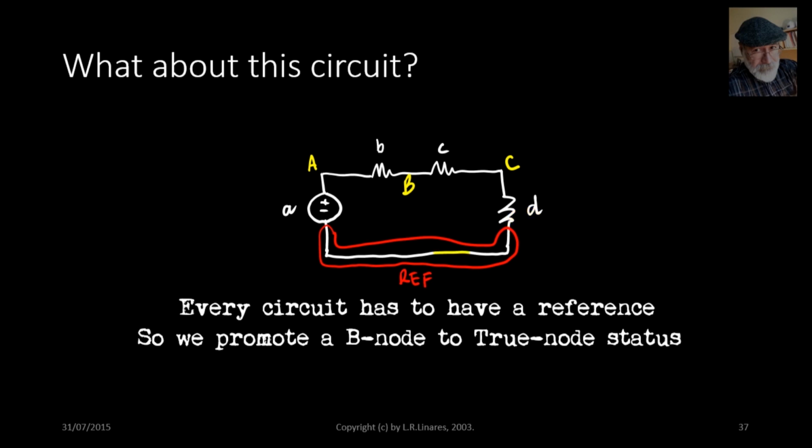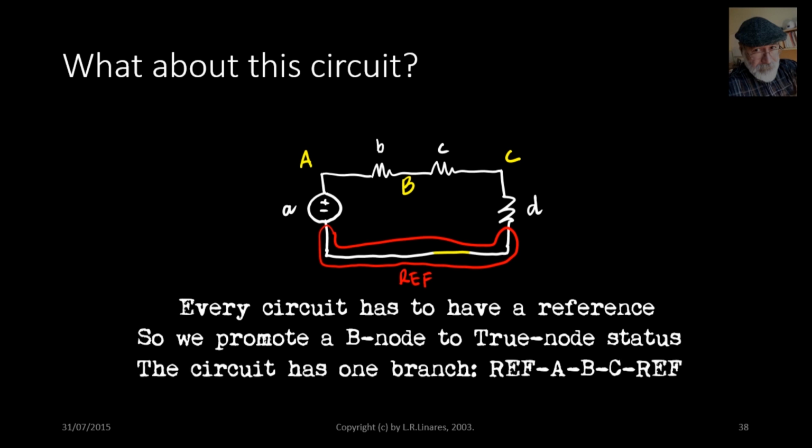And that one node is the beginning and the end of the single one and unique branch in that circuit, right? The branch is reference ABC branch. So you see there you have a branch that ends and begins in the very same true node. And that is the end.